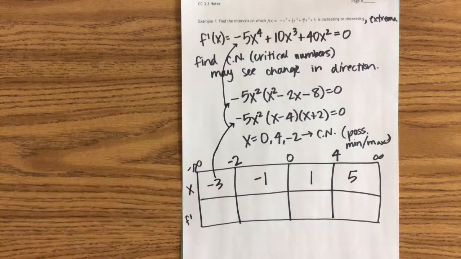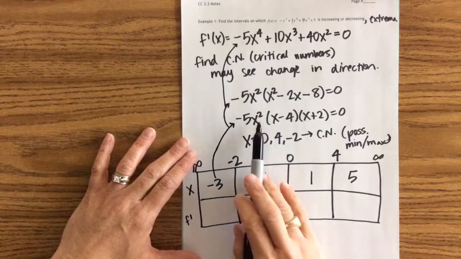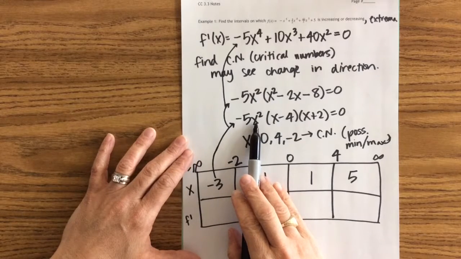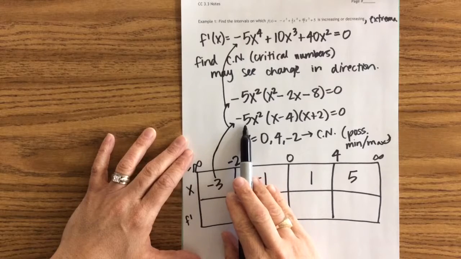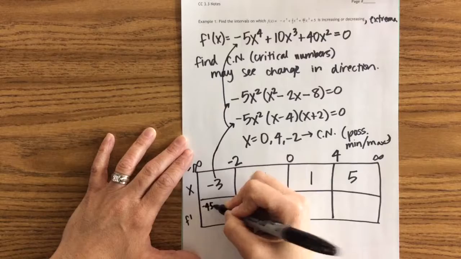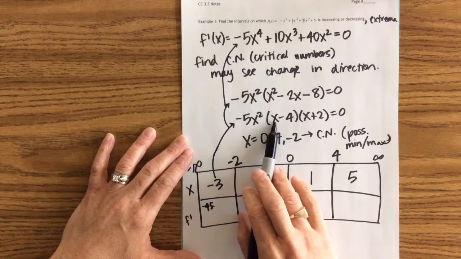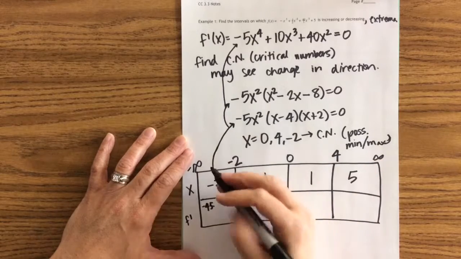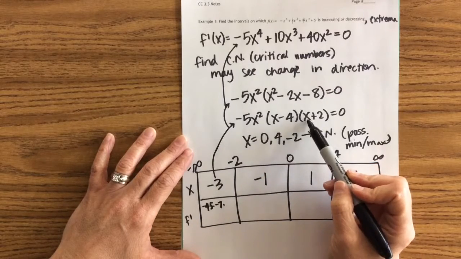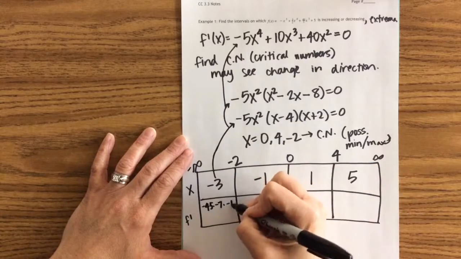So I'm going to take negative 3 and plug it in. Negative 3 squared is 9. 9 times negative 5 is negative 45, times negative 3 minus 4 would be negative 7, times negative 3 plus 2 is negative 1.